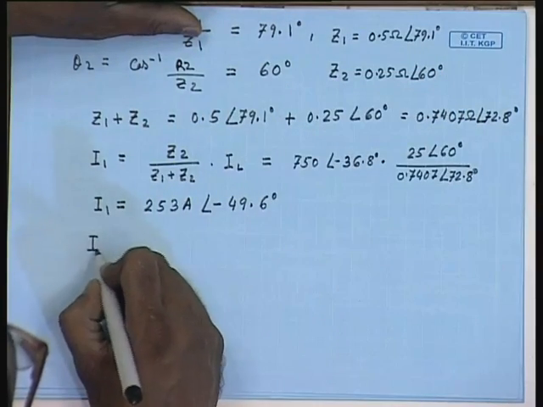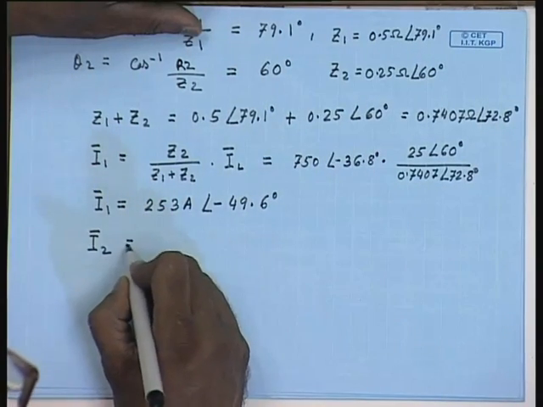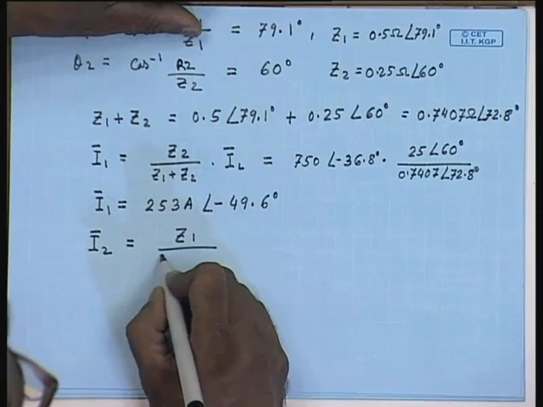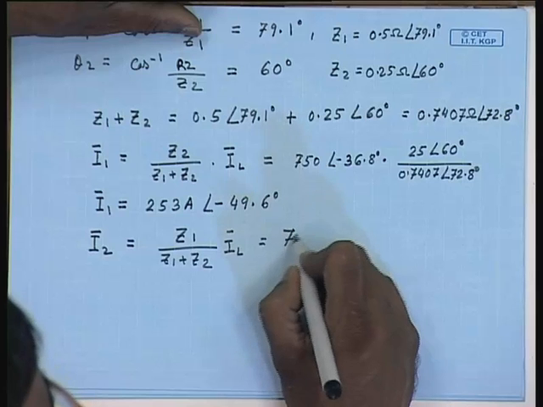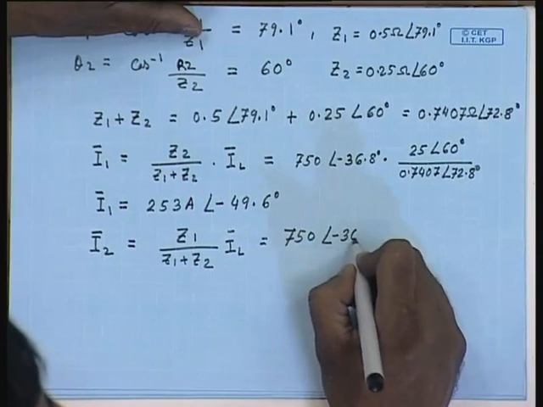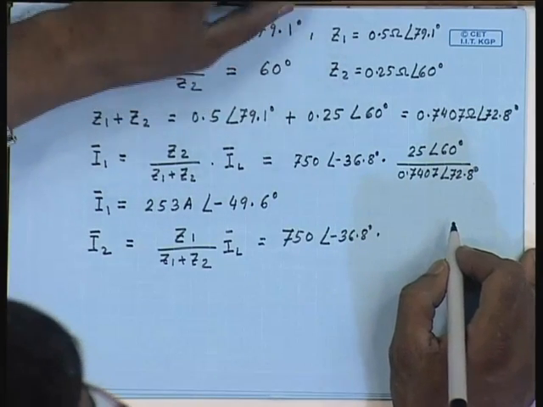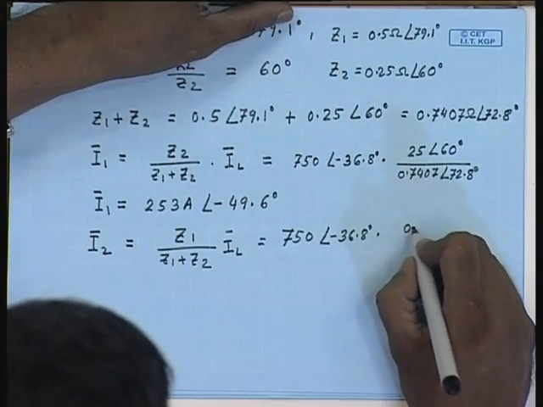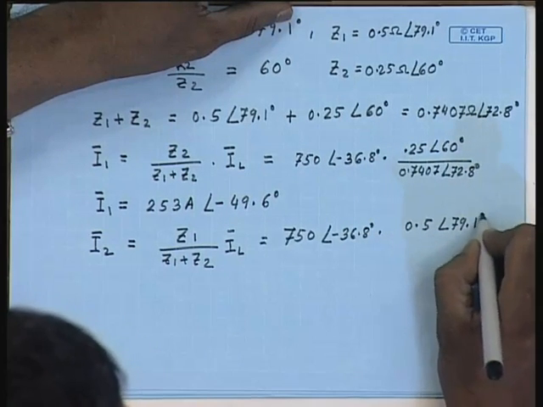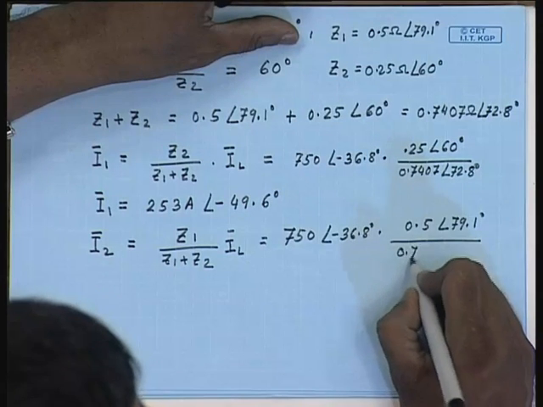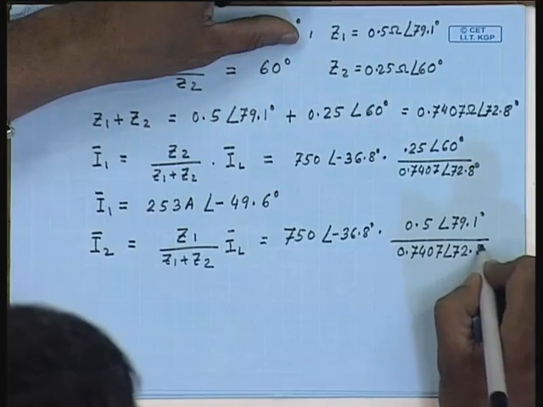Similarly, I2 equal to Z1 divided by Z1 plus Z2 IL equal to 750 angle minus 36.8 degrees into Z1, which is 0.5 angle 79.1 degrees, divided by 0.7407 angle 72.8 degrees.